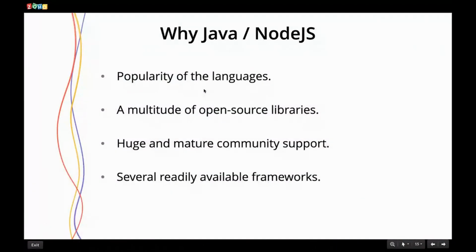And the reason for these languages first is that they are popular languages that are common among developers, and they already have a huge user base and a mature community as well. Say, for instance, over 400,000 projects have been uploaded to online repositories like GitHub, right? By various developers just for Java alone.